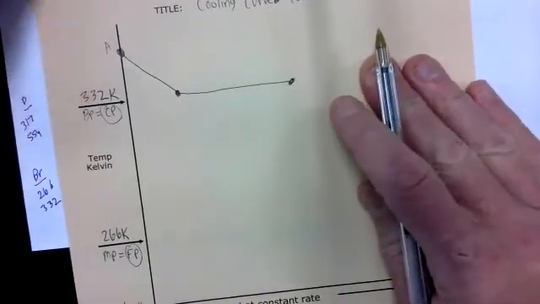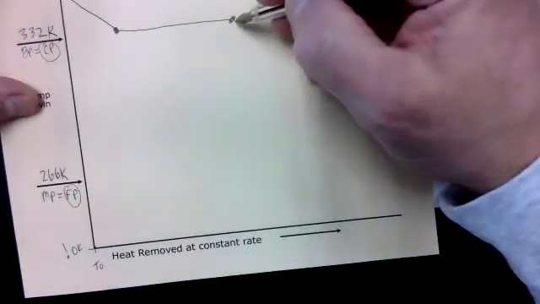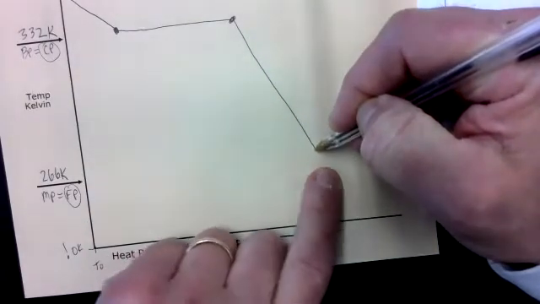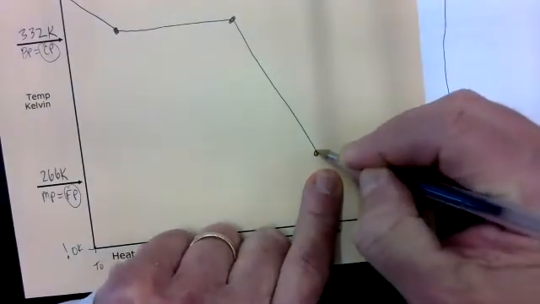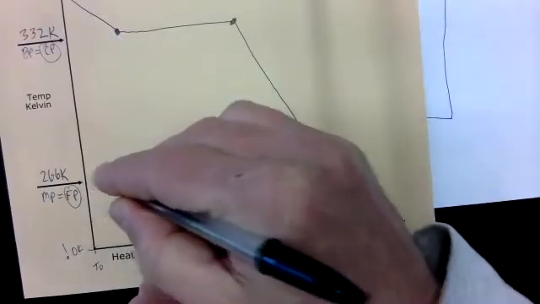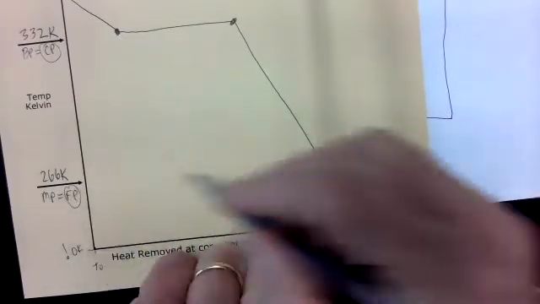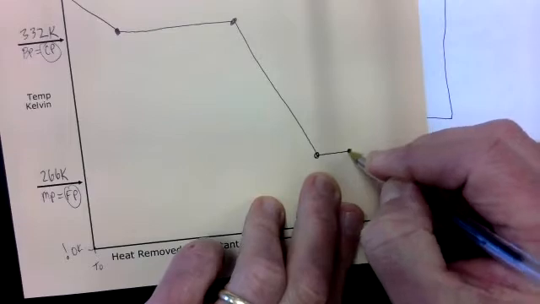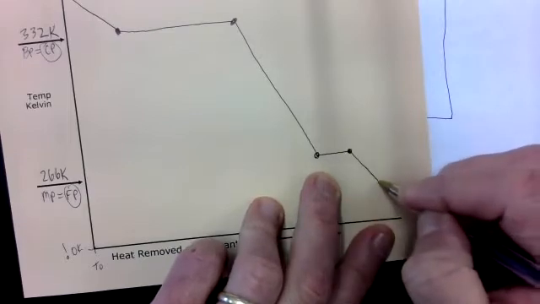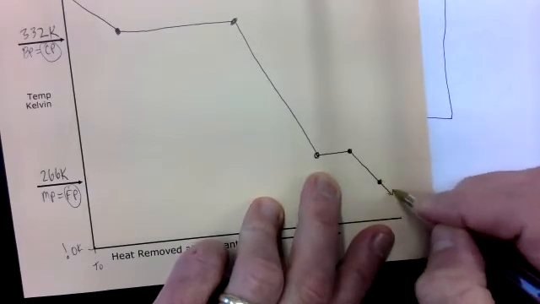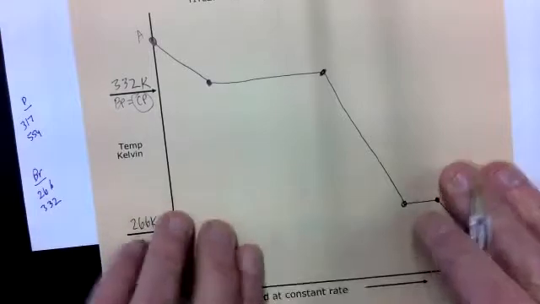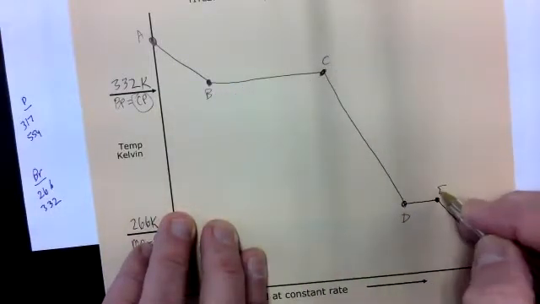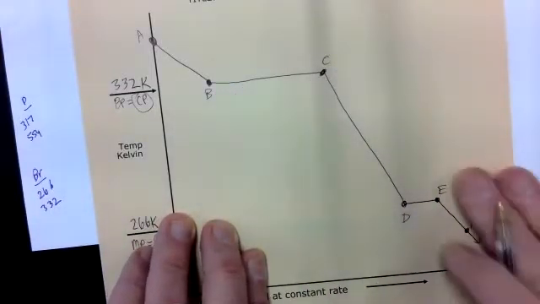And then, because it's a cooling curve and I'm removing energy, the temperature is going to go down, down, down until I get equal to the condensing point, or in this case, the freezing point. It's going to stay flat for a little while, and then it's going to go down again. I'll put a point in here and an arrow. Now I'm going to label this A, B, C, D, E, and F.